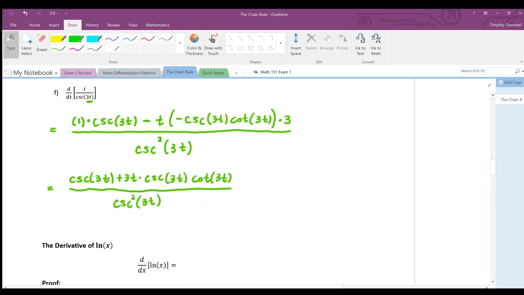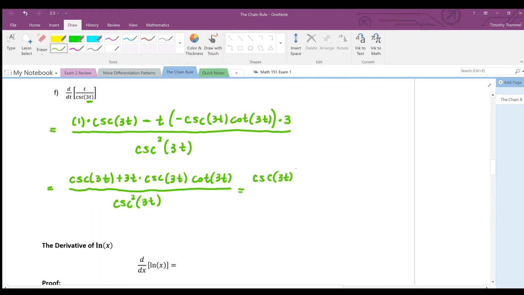You might notice that there's some cancellation we can do here because there's a common factor between the numerator and denominator. But before I try and cancel, it might be a good idea to factor so I can see precisely what's going to cancel.